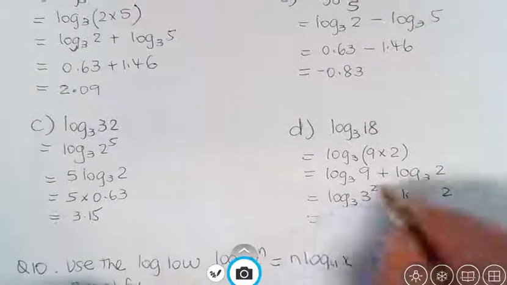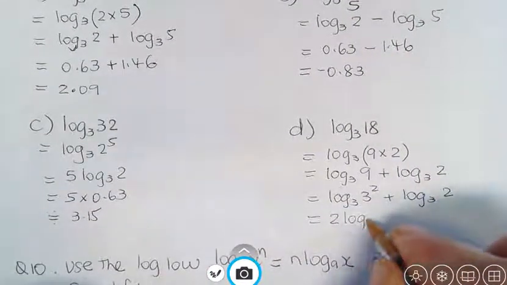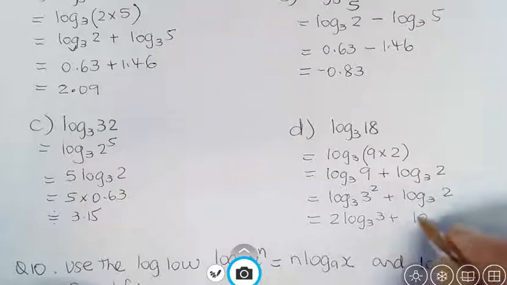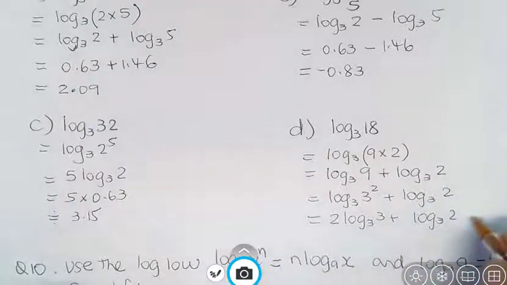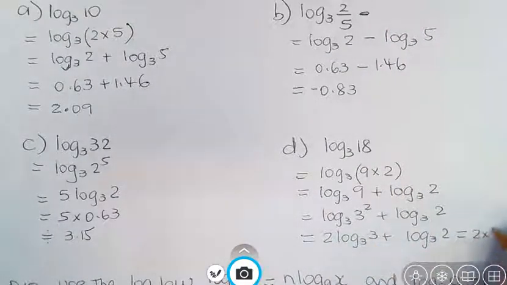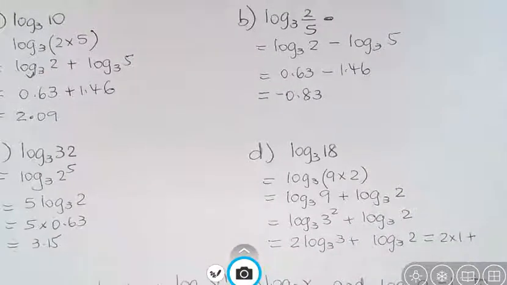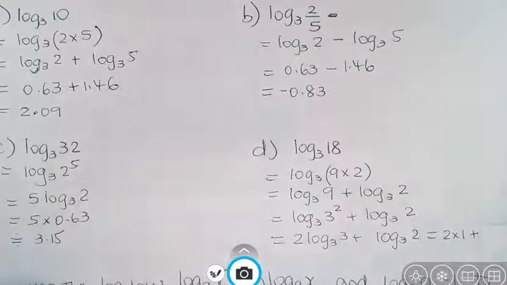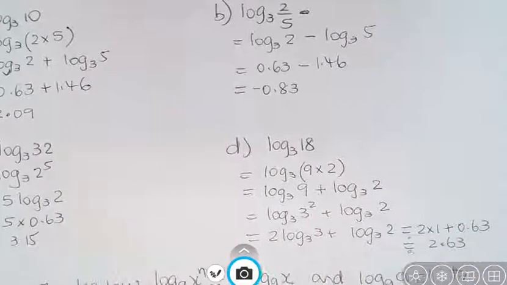So now this 2 can come to the front, so it's 2 times log to the base 3 of 3 plus log to the base 3 of 2. Now we're able to substitute for both of those. So log to the base 3 of 3 is 1, and log to the base 3 of 2 is 0.63, so it's 2 times 1 plus 0.63, so it's approximately equal to 2.63.